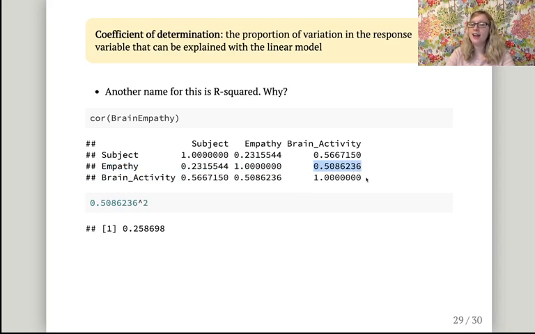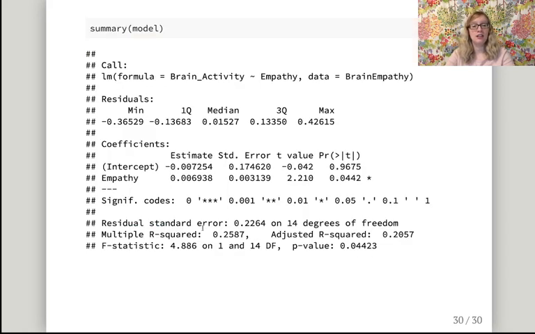If I take that correlation, or that R, and square it, I get the coefficient of determination back. So R squared, the coefficient of determination, is truly r squared. So once you know correlation, you can get this coefficient of determination, or vice versa. You can take this coefficient of determination and use it to find the correlation.